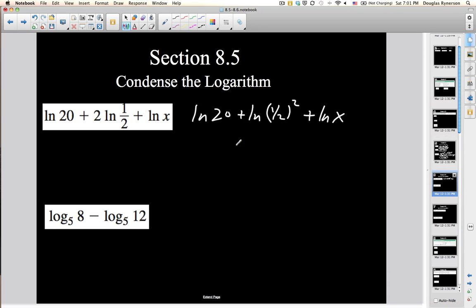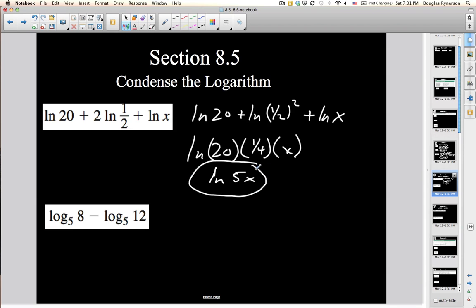And then these items will all get multiplied together, so it'll be natural log of 20 times 1/2 squared, which would be 1/4, times x. And 20 times 1/4 is 5. So this becomes just the natural log of 5x when we condense it all together.